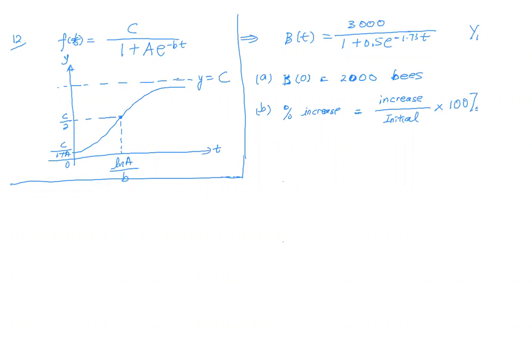That is how you find percentage increase. So the increase will be B after 1 month. T is in months, right? So I take B1 minus B0, divided by B0, times 100%.